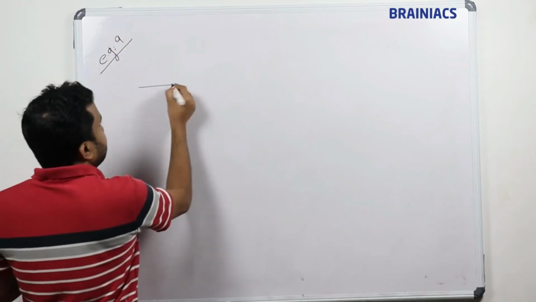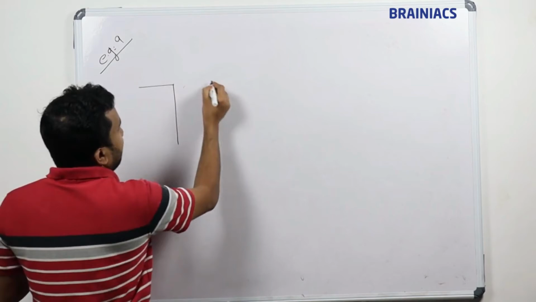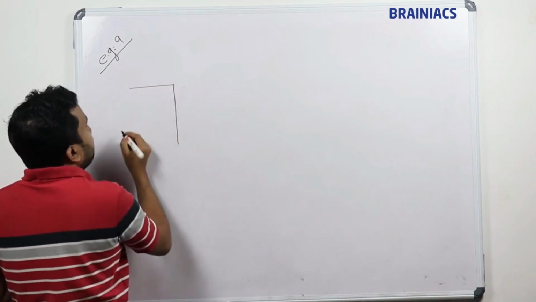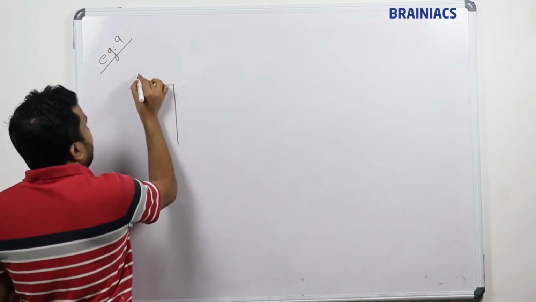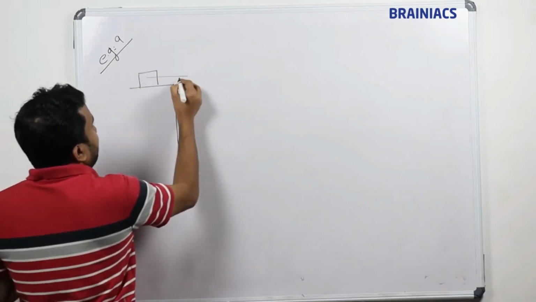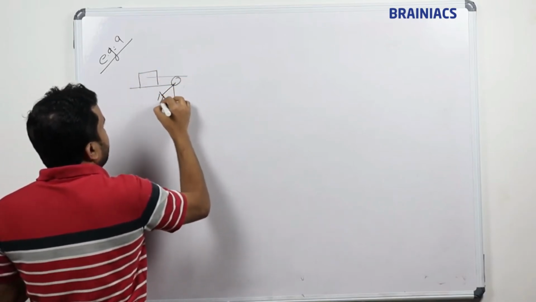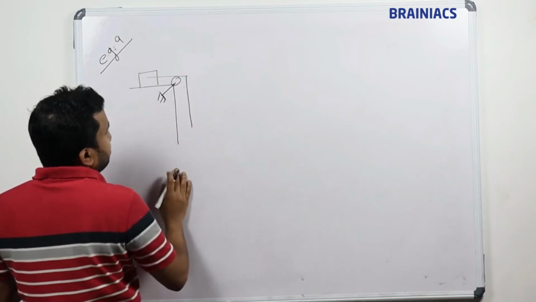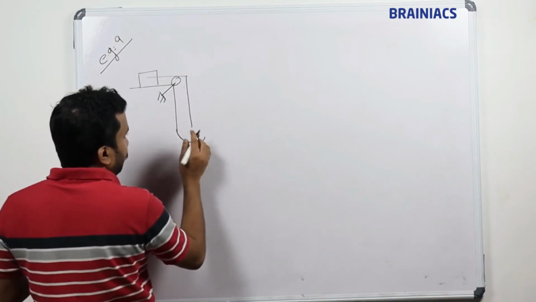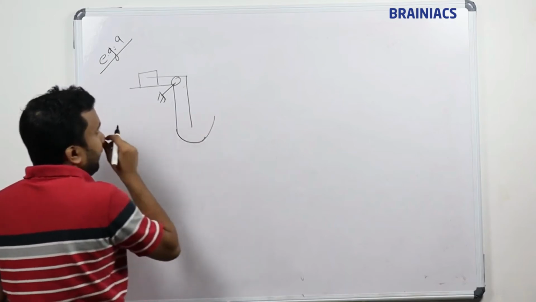Example number 9, I'll give a structure like this. This is a mass which is connected here, and this is over a pulley which is connected here, and this is a round path.